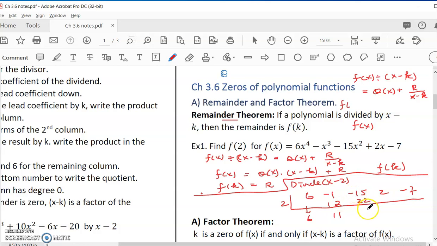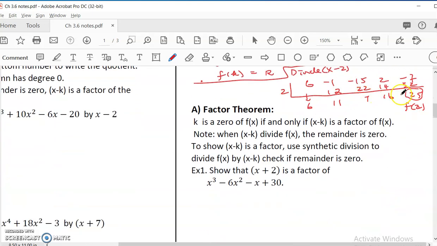Add negative 15 is 7. 2 times 7 is 14, and 16. 16 times 2 is 32. And then 32 minus 7 is 25. We're not interested in the quotient, but in the last number, because that is actually f of 2. Whatever you're dividing by, that is f of 2. That's quicker than plugging in so many times, right? That's called the remainder theorem.